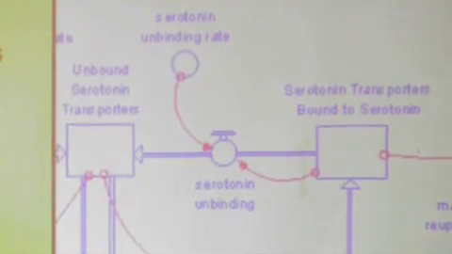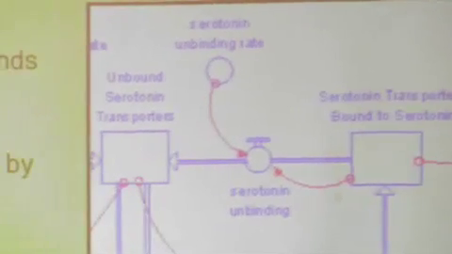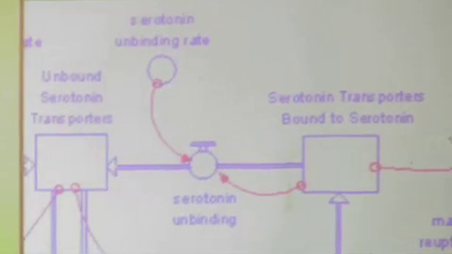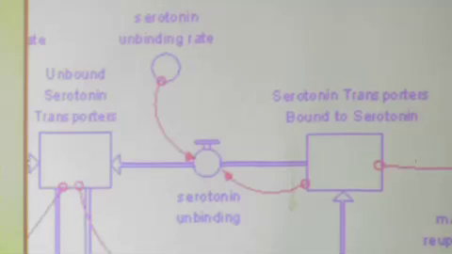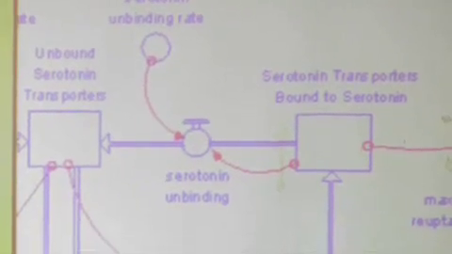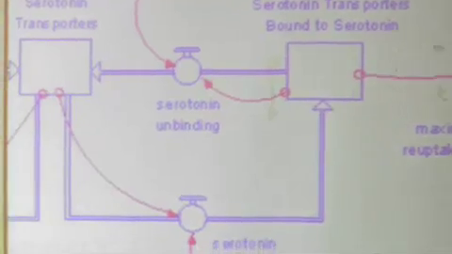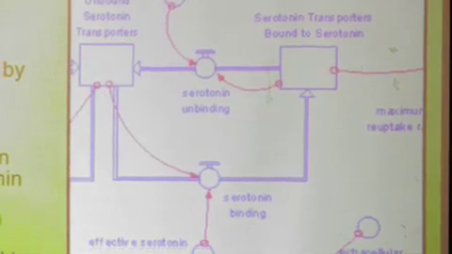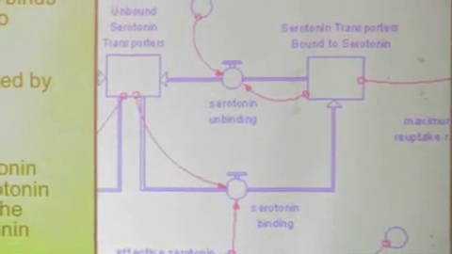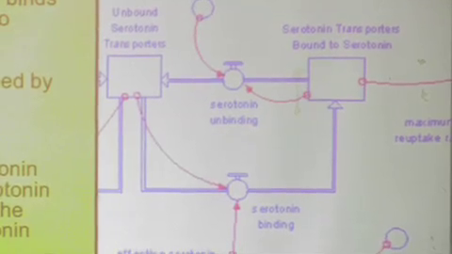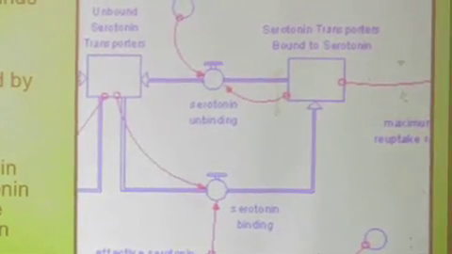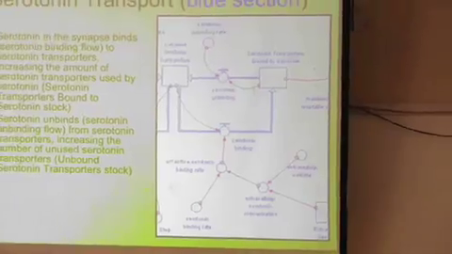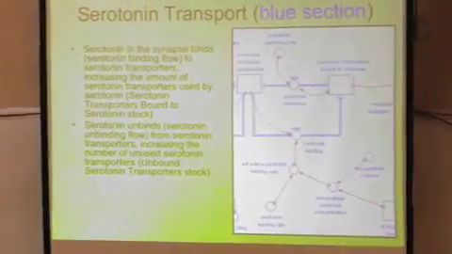The more serotonin there is in the synapse, the more binding will occur between serotonin and serotonin transporters. And so that flow, called serotonin binding, which goes from the left stock to the right stock, which is serotonin transporters bound to serotonin, and so it will use up more and more of the serotonin transporters. Then, once it's bound to the serotonin transporters, it's undergoing reuptake, it will unbind, and it has then undergone reuptake.